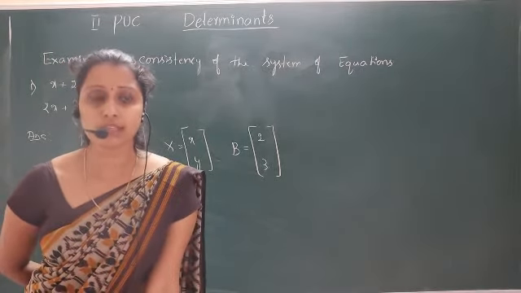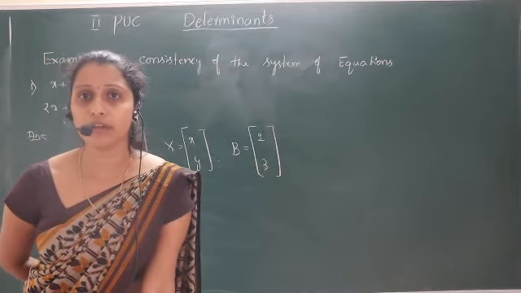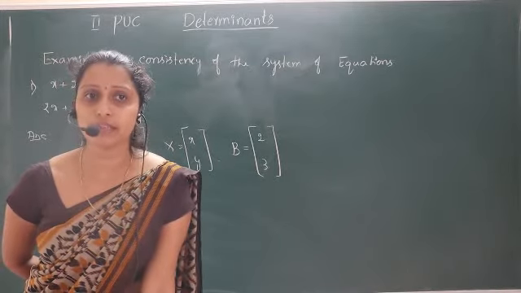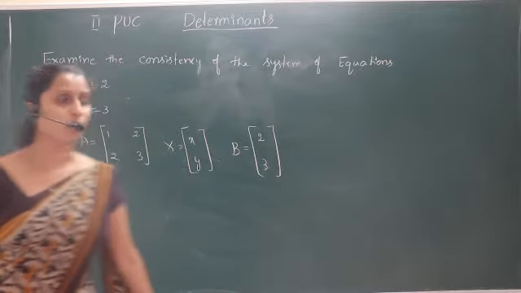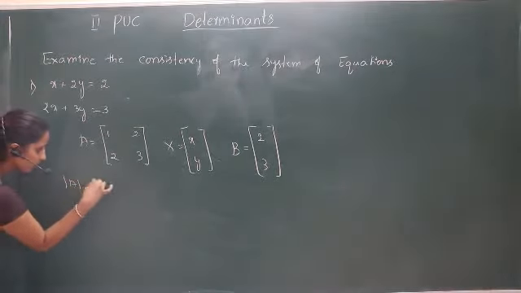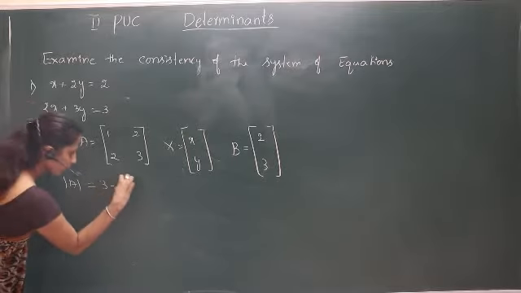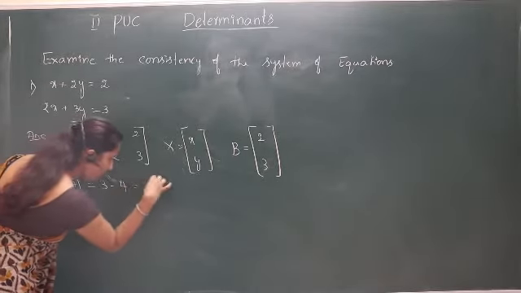But whether A inverse exists or not depends on the value of the determinant. Therefore, first we have to calculate the determinant of the given matrix. So what is the determinant of A? Determinant of A is 3 minus 4, which is minus 1.